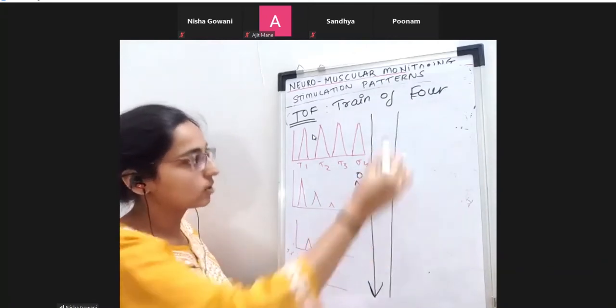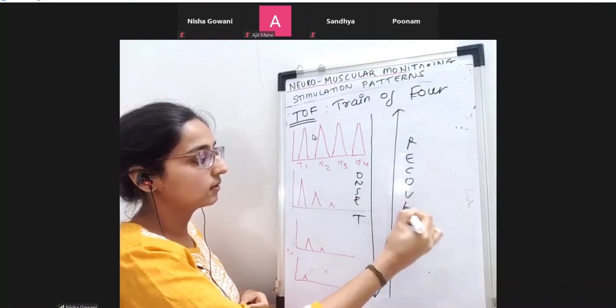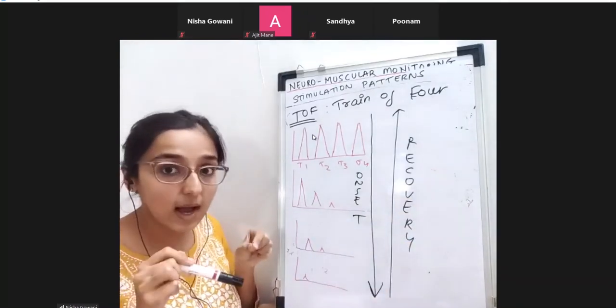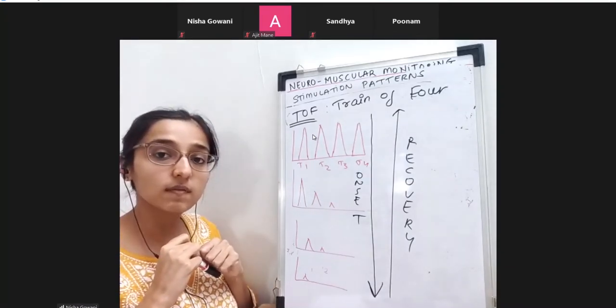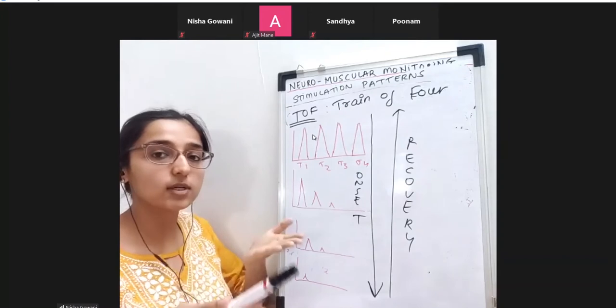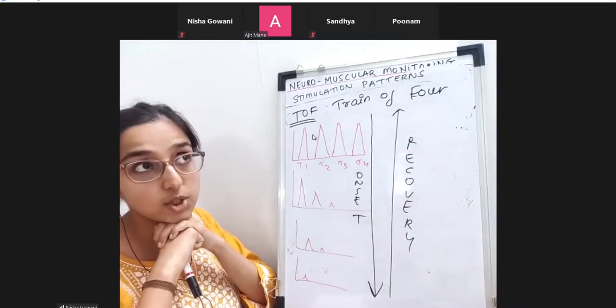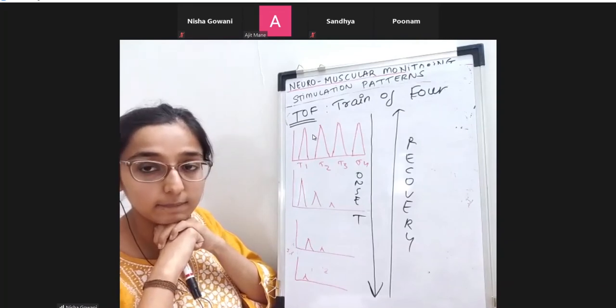This is the direction for the recovery. So if somebody asks you which twitch will come first when the patient is coming out of the block, T1 or T4, what is your answer? T1.